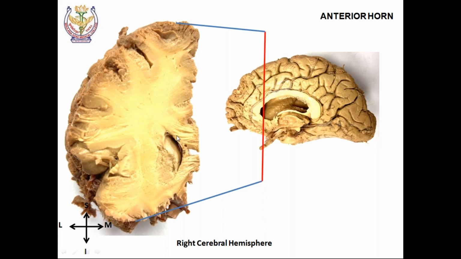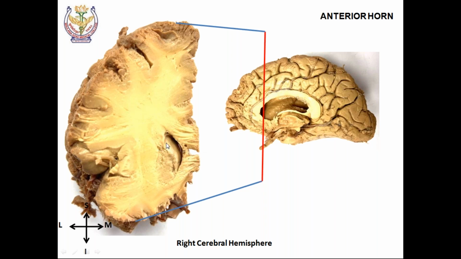Now, this being the anterior horn, this being the right cerebral hemisphere, this being the medial surface, this being the lateral surface, the one big bulge which you see over here is the head of the caudate nucleus.